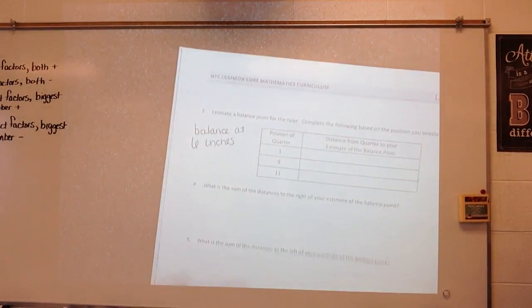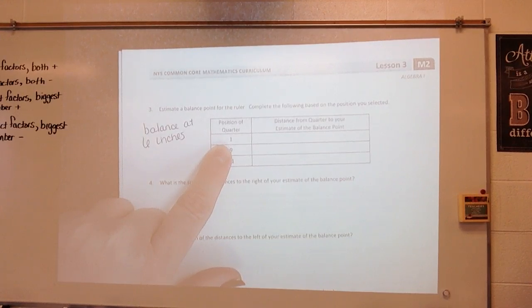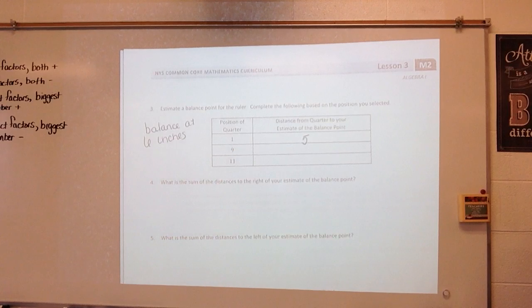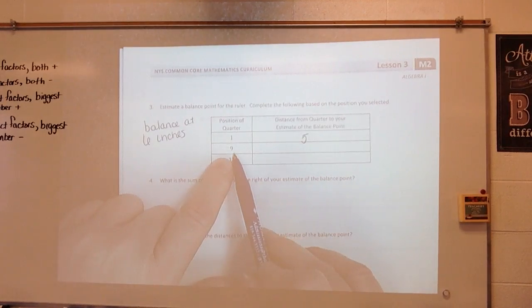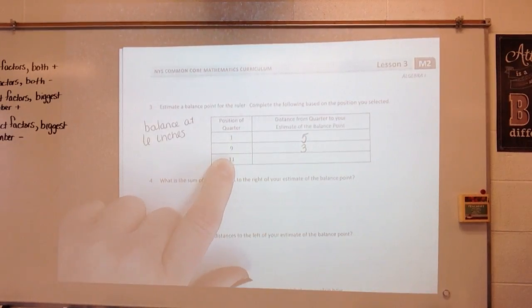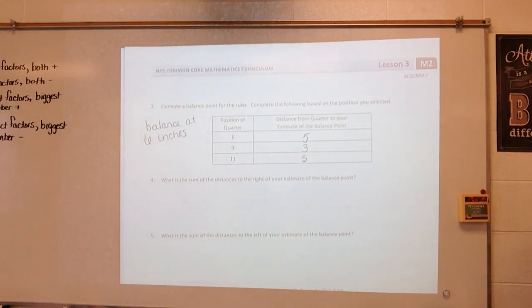So the quarter in position number 1 is 5 inches from the balance point. The quarter at 9 inches is 3 inches from the balance point. And the quarter at 11 inches is 5 inches from the balance point.